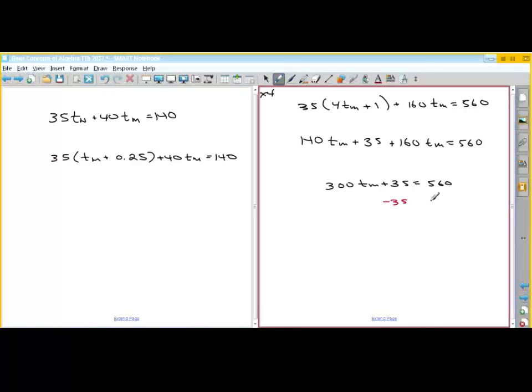You would add negative 35 to both sides to isolate the variable term. So you have 300 times t sub m is equal to 560 minus 35, which is 525.